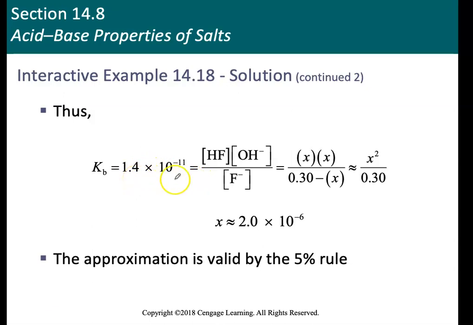So Kb is equal to that, and these concentrations, now you can substitute in. Again, we can apply the approximation here, and you come with a value of x. So x is 2.0 times 10 to the power minus 6. And notice now that will be the concentration of OH and also the concentration of HF.